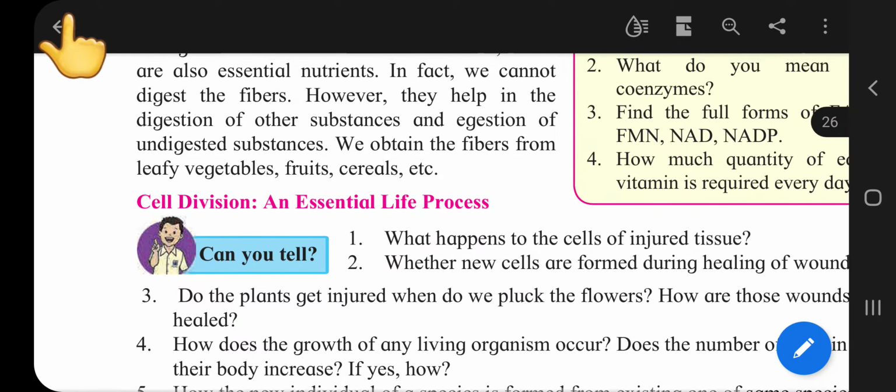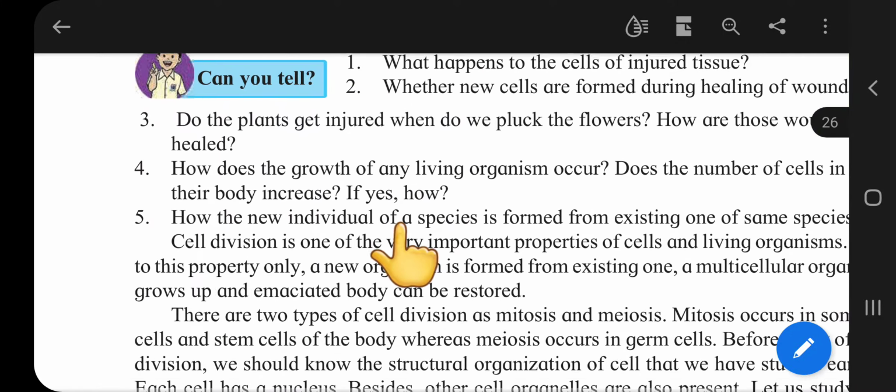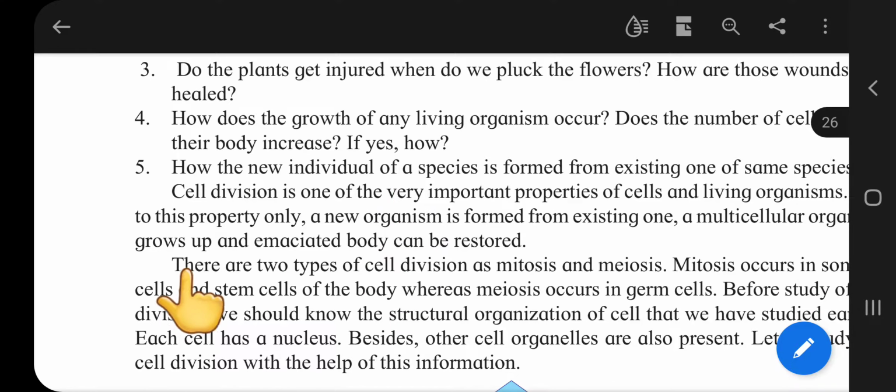In this lesson, today we will learn about cell division and essential life processes. Do you know that cell division is one of the very important properties of cells and living organisms?